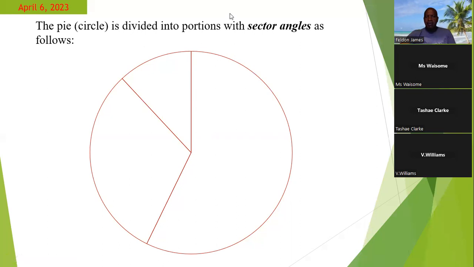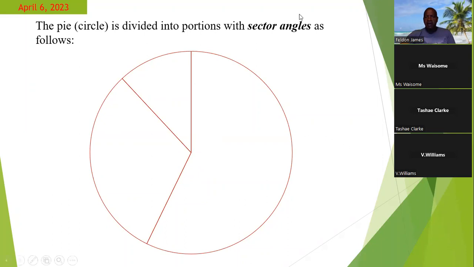Now, of course, when you look at this angle, it would be greater than the half. Remember that the protractor itself is a half circle, but this angle is much greater than a half circle, because you know that a half circle would give you an angle of what?